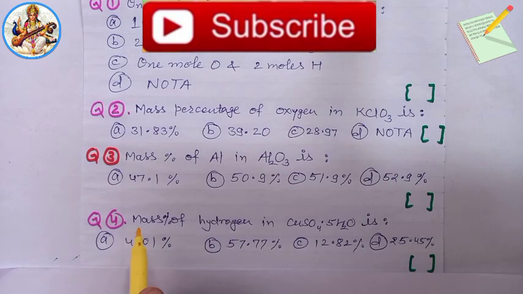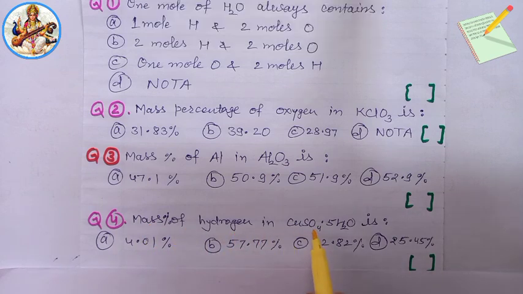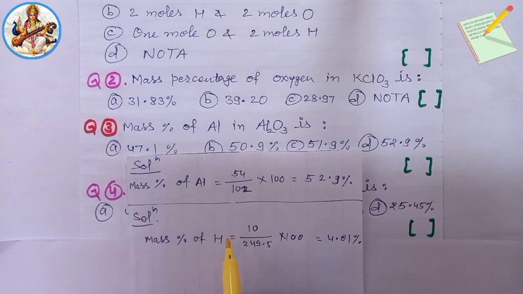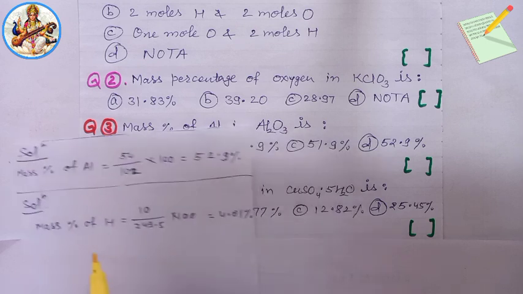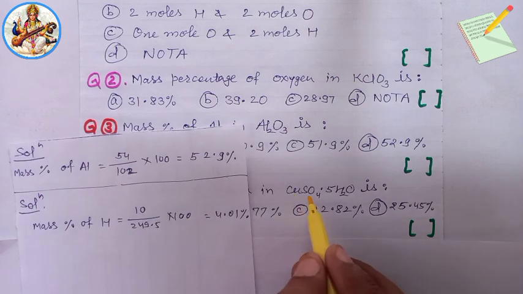Next, fourth question. Mass percent of hydrogen in blue vitriol, copper sulfate CuSO4·5H2O, is option A, B, C and D. Very important question. We know that molar mass of 1 mole of CuSO4·5H2O is 249.5 gram.